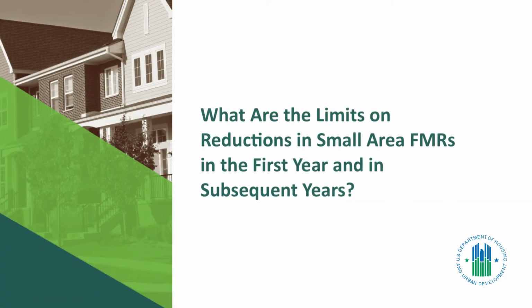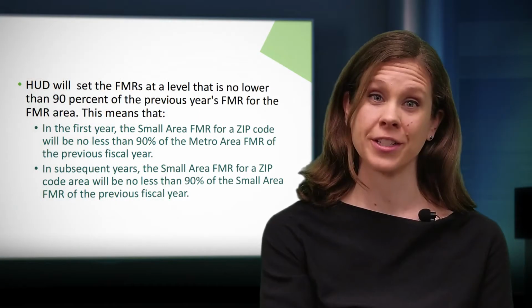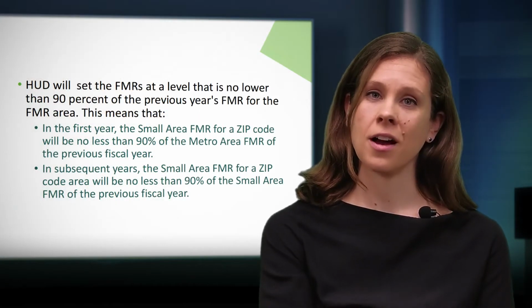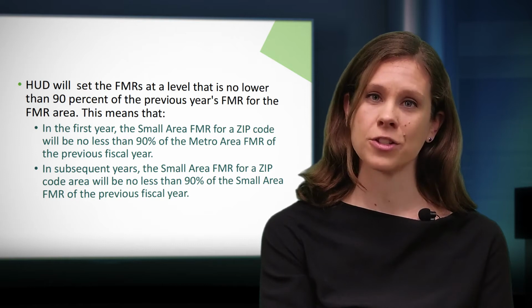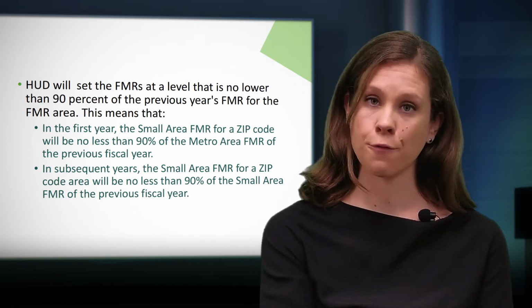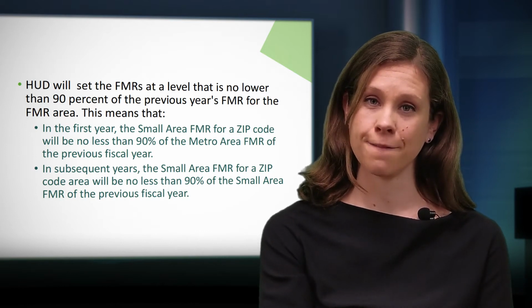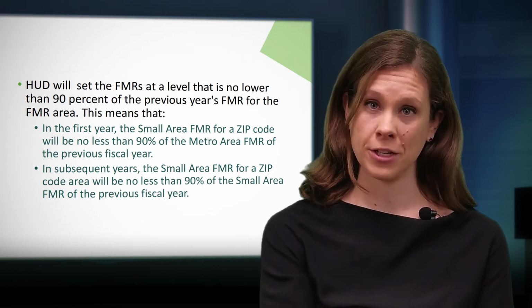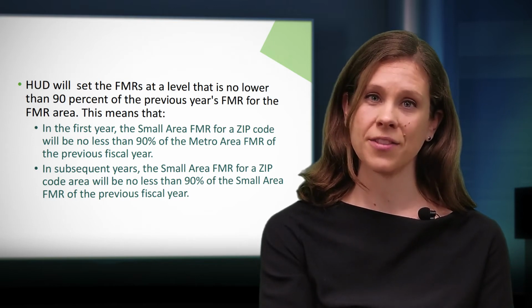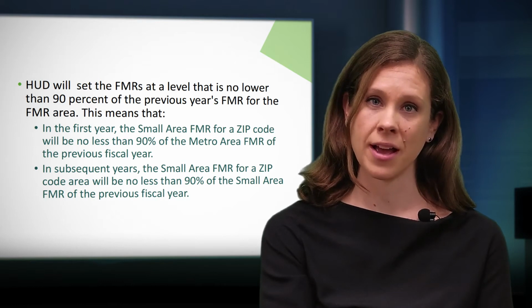HUD limits reductions in small area FMRs from year to year. Generally, HUD will set the FMRs at a level that is no lower than 90% of the previous year's FMR for the FMR area. In the year that a metropolitan area first implements small area FMRs, the small area FMR for each zip code will be no less than 90% of the metro area FMR in the previous fiscal year.